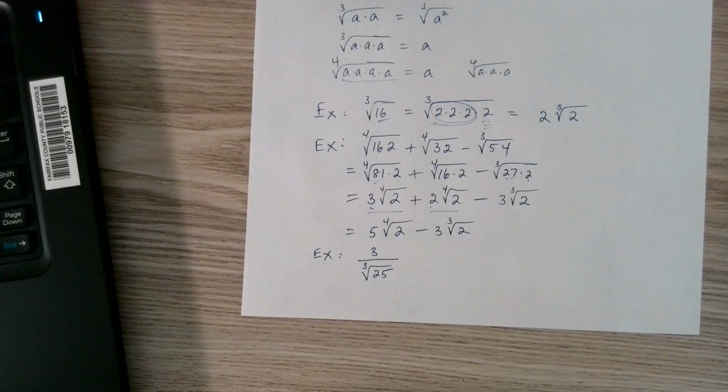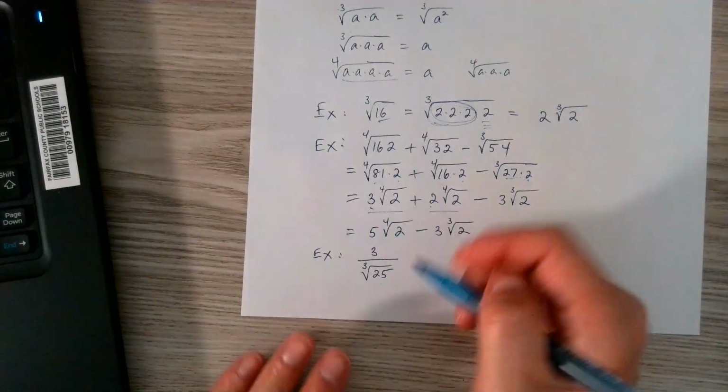So in order to get rid of that radical, we have to make sure the radicand is a perfect cube. In other words, it has 3 identical factors and nothing else. We can't leave anything behind in the radical because we have to get rid of the radical completely.